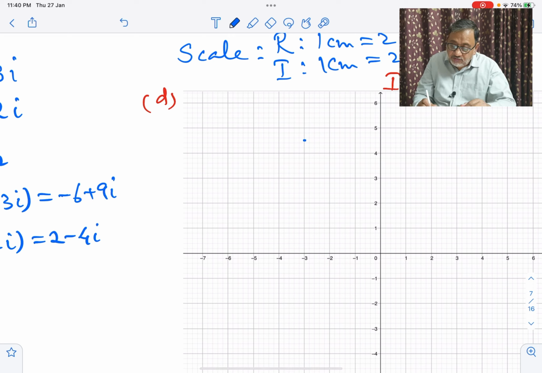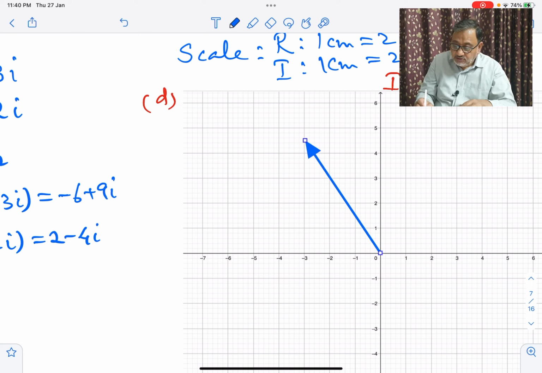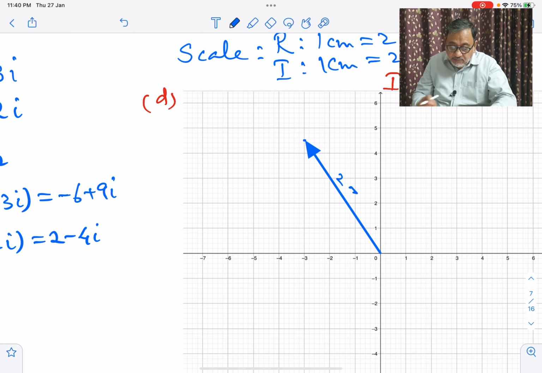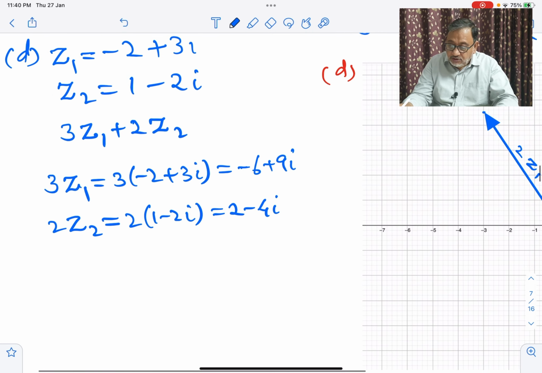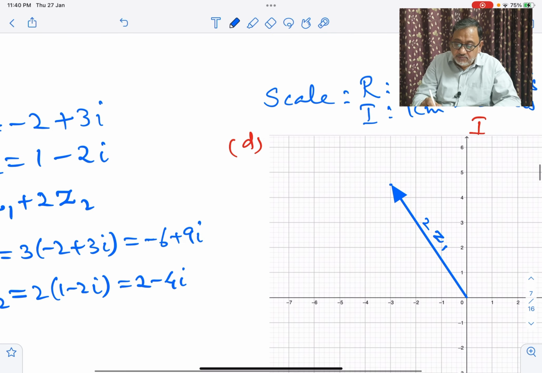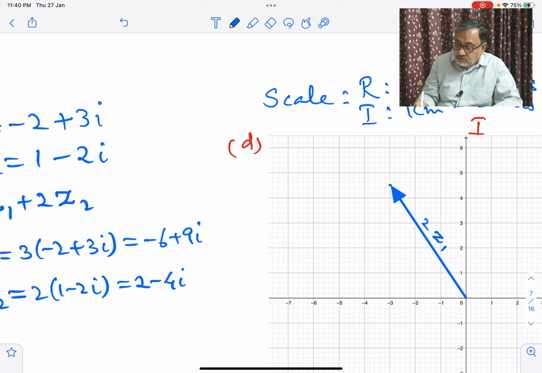This is my first complex number, which is 3Z1. So let me write here 3Z1. Oh sorry, it is 3Z1, not 2Z1, no problem. I'll change it to 3.